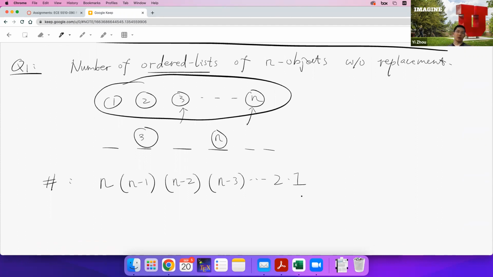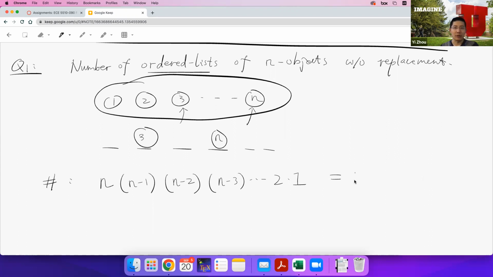So this is the total number of ordered lists that we can have when we place N different objects into different positions. Every different order of these N objects corresponds to one different outcome.